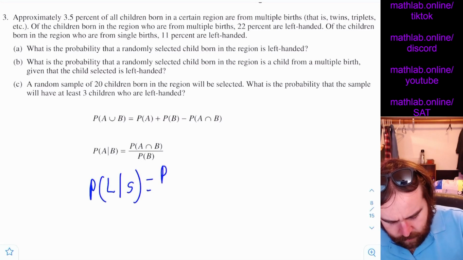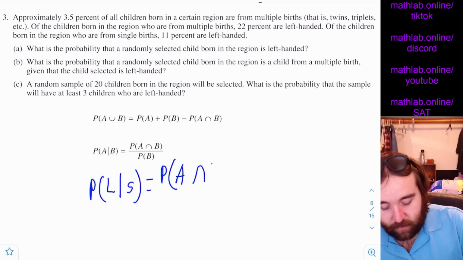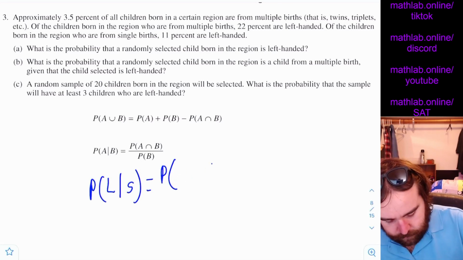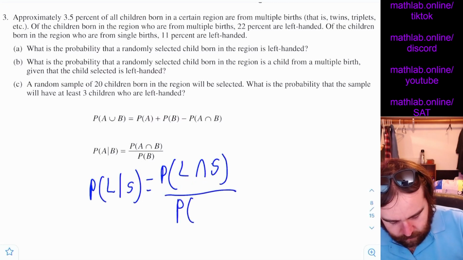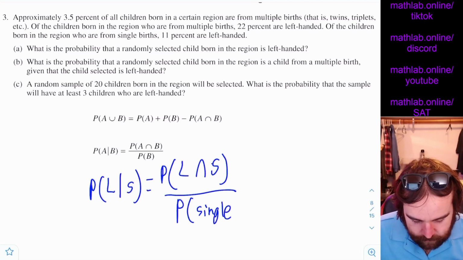So that's going to be the probability of left and single out of the probability of single. So I guess that's kind of the problem, isn't it?